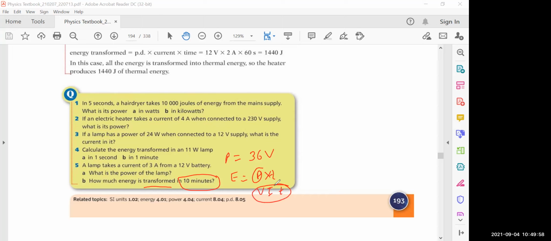Sometimes you will get voltage and current, and then I use those values. Sir, 36 into, what is the time? 10 minutes, 10 into 60. You have to write it in seconds. So this will be 36 times 600 seconds.